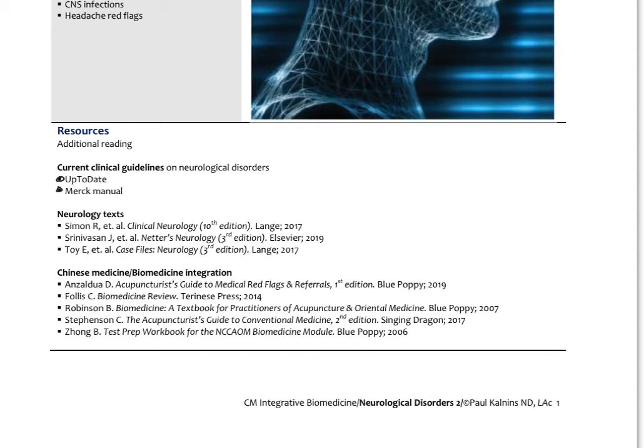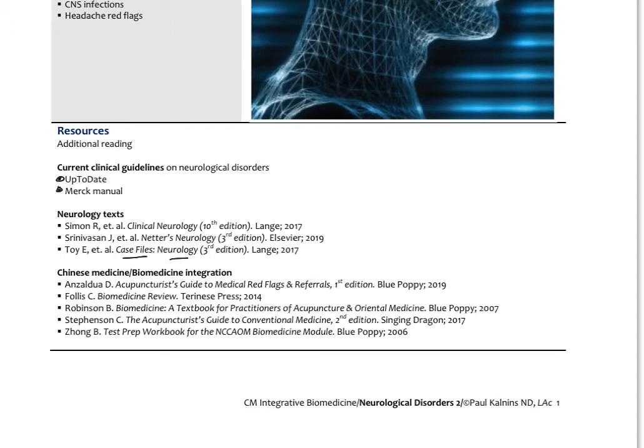If you really wanted to start working into neurological cases, which might be beyond your interest, there is an interesting series by Lange Publishers called Case Files, and they go through individual cases, and they have one on neurology. It's very helpful to read through those to see, okay, let's test my thinking process here, what kind of testing would be done in this case, and then what kinds of treatments would be offered. Again, this is all level 4 type therapies, and this is more aimed at biomedical providers, but that can be helpful if you wanted to gather more information.